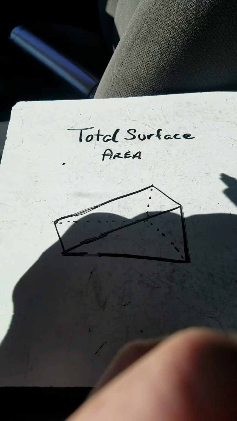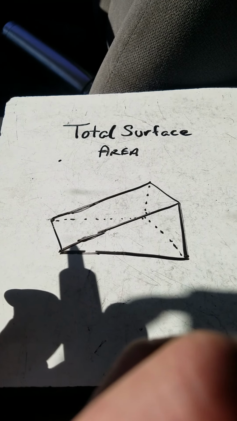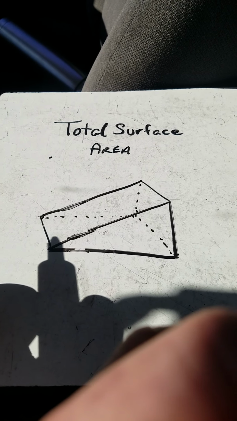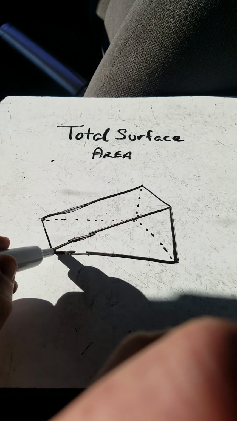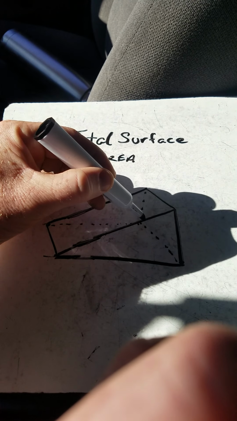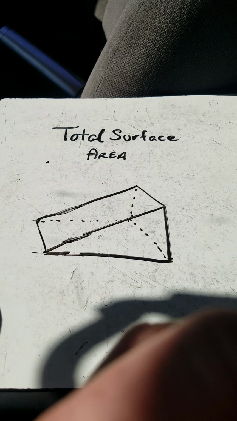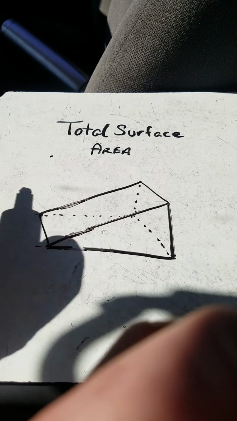That's another rectangle. So there's 3 rectangles here, and none of them necessarily the same size. And then I have 2 triangles, one triangle right here in front of us, and then one on the other side. And that one should technically match this, okay?